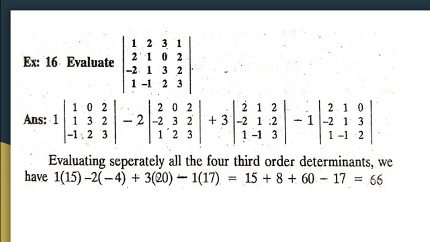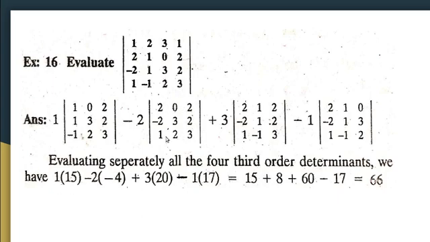Then evaluating separately all the 4 third order determinants, we have to simplify this again. That means take the first row, then cross out that row and column, then you have to take out the determinant value of the remaining elements. Then we will get a value 15. So 1 into 15, minus 2 into -4.